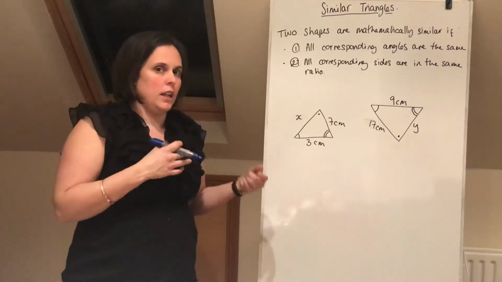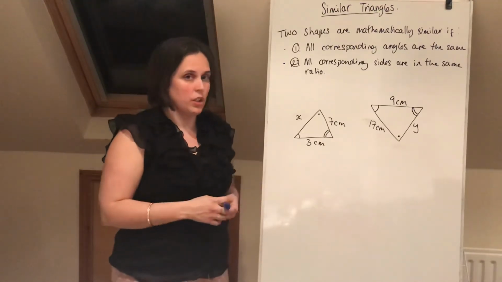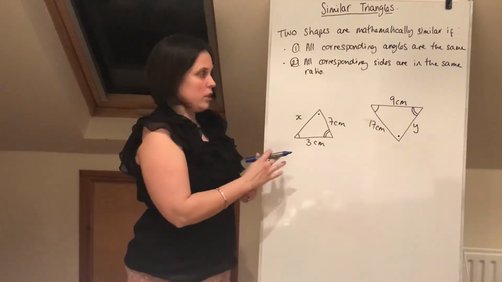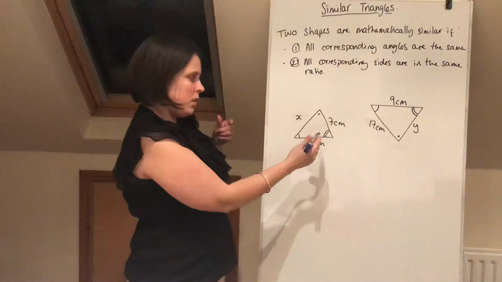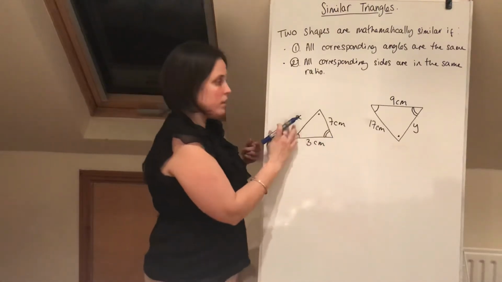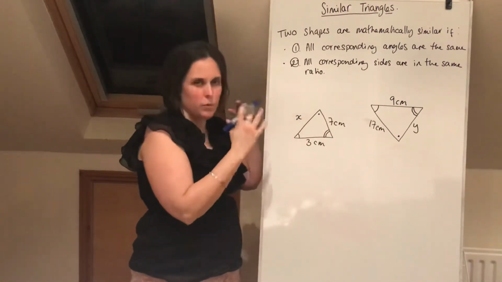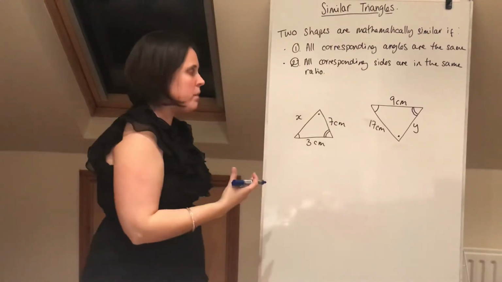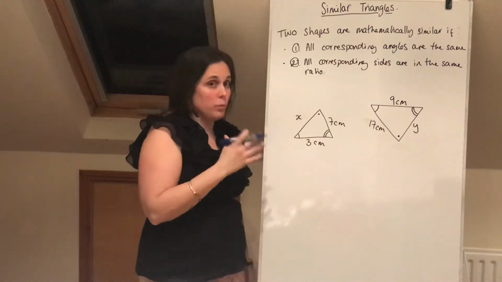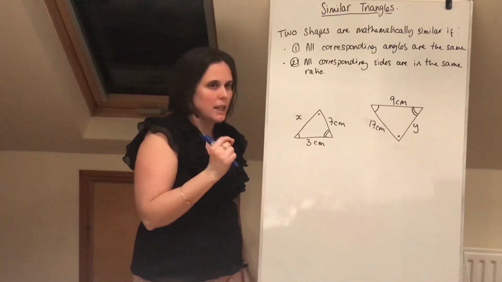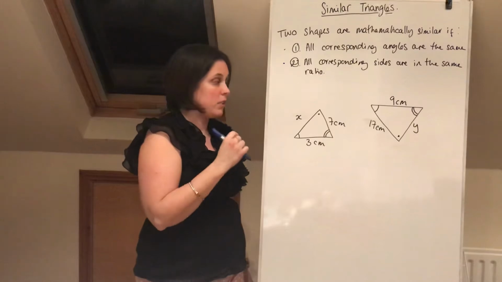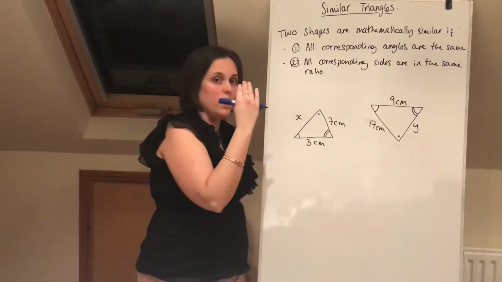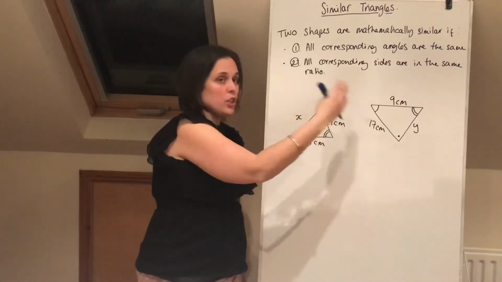So essentially we're looking at an enlargement. So if that's the case, the first thing that you need to do is you need to find the scale factor. Okay. So for this question, we've got some sides, we've got some unknowns, which if this was a proper question it'd be written out, please find the value of x and the value of y, etc. So that's what you're trying to find here, but the first key whenever you've got similar shapes is to find the pair of corresponding sides, the corresponding side on each shape.